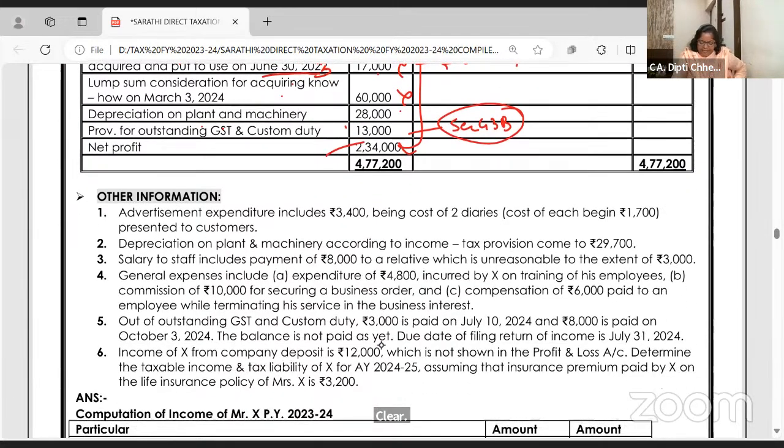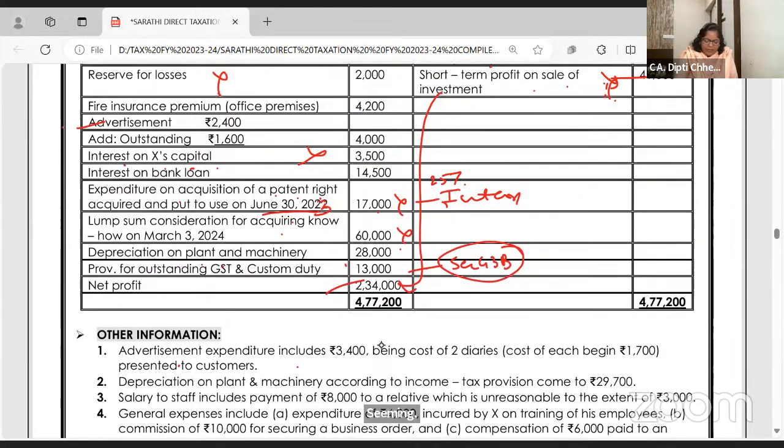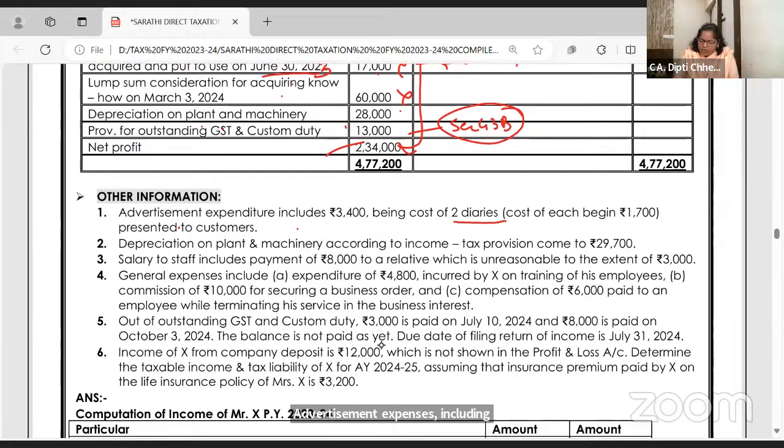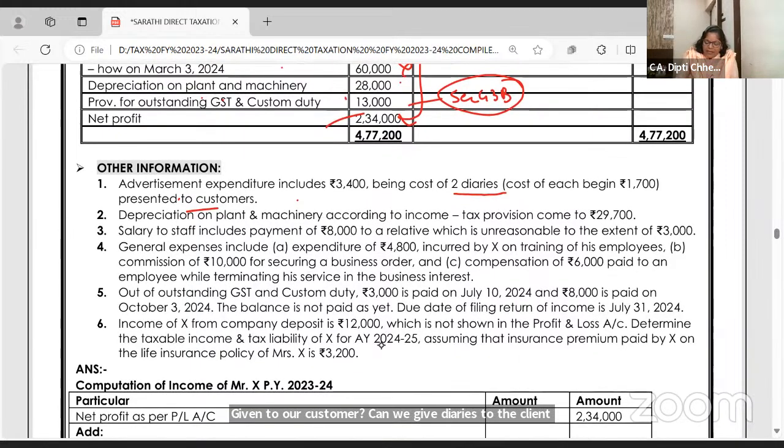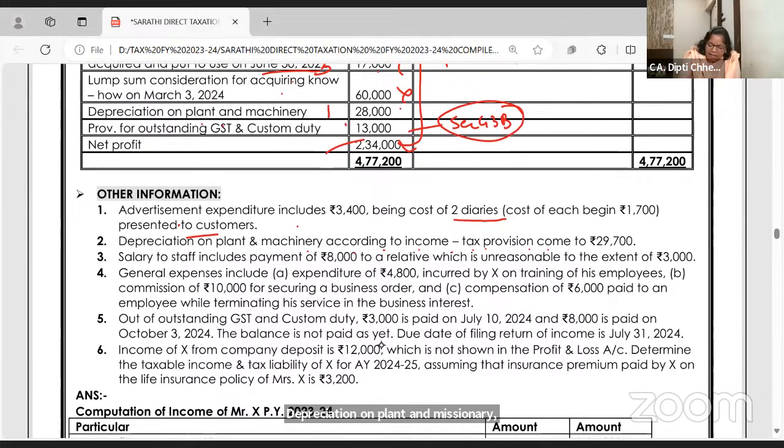Now, same expense. Advertisement expenses including cost of diaries given to a customer. Can we give diaries to the client? Yes. Depreciation on plant and machinery according to the Income Tax Act is given. So can I add back the depreciation as per books?